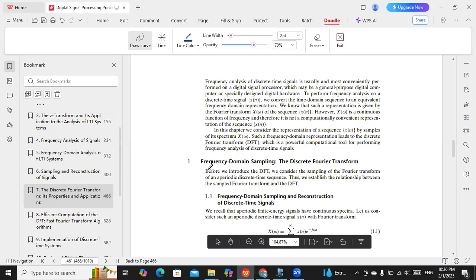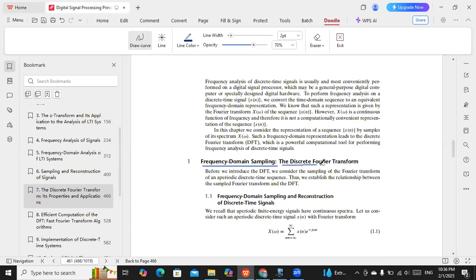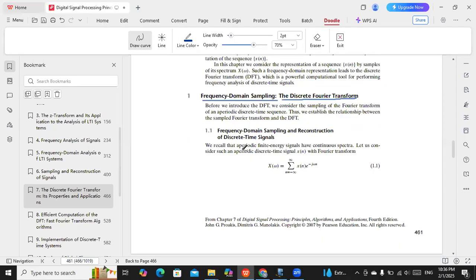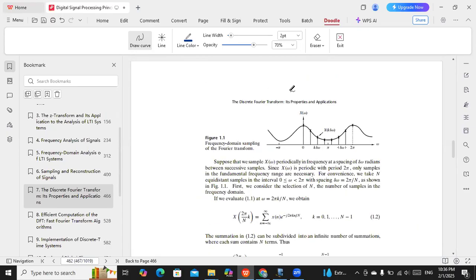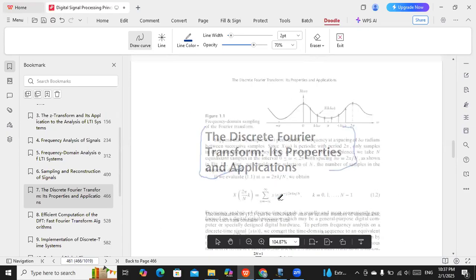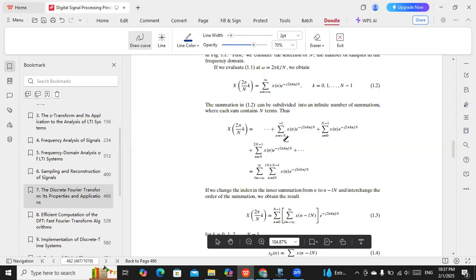So you can see that it is some kind of frequency domain sampling. Frequency domain sampling is referred to as the discrete Fourier transform, and this is the normal Fourier transform. It shows how this Fourier transform becomes the DFT. If you need, you can just check them.